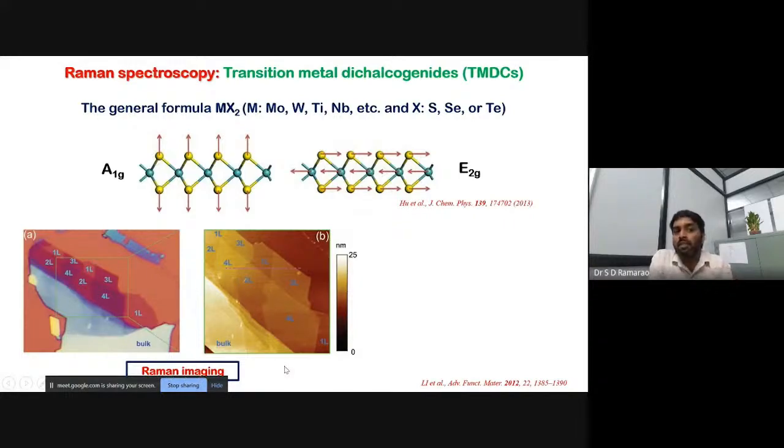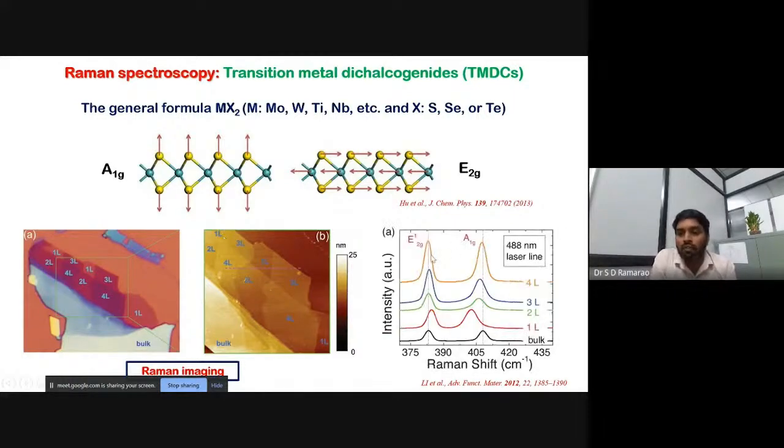Raman is not just used to get spectra; you can do imaging also with the help of Raman, which will show clear contrast. Because of this contrast, you can tell at what place how many layers are present. Then you can focus your laser on that particular point and collect the data, so that from the same sample you have data from single layer, 2 layer, 3 layer, 4 layer and multi layers, and you can present all of it in one form.